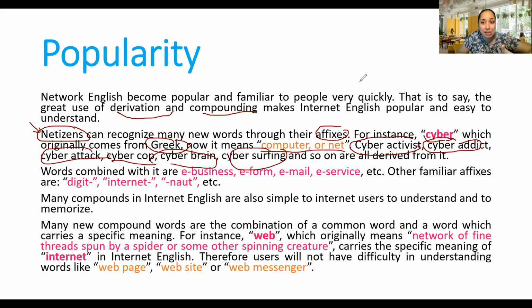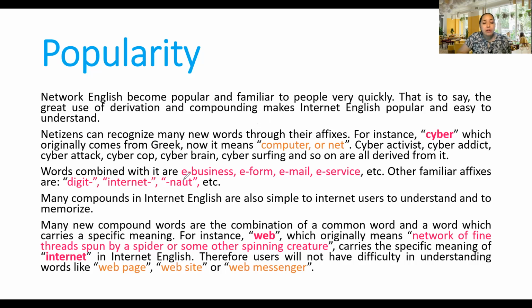So many different examples. Words combined with it are like e-business. When we use electronic, e-form, we talked about this one before, email, we mentioned it, but with business, very interesting, e-service, etc. And other familiar affixes like digit, internet, nout, etc.